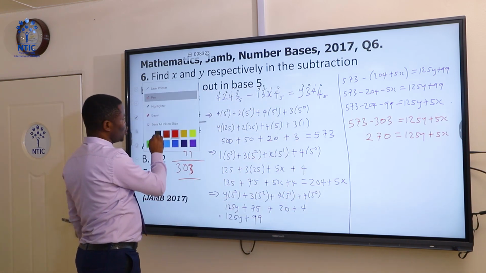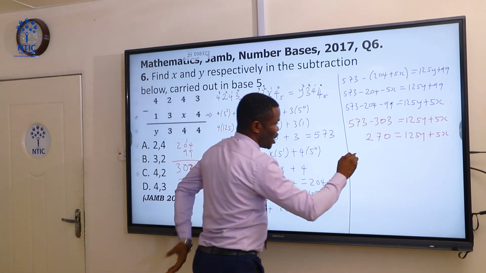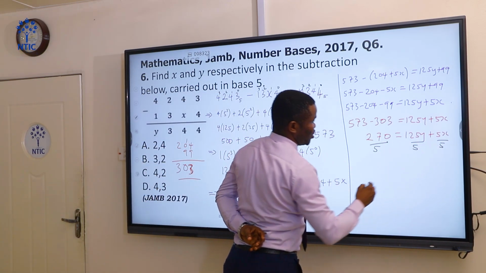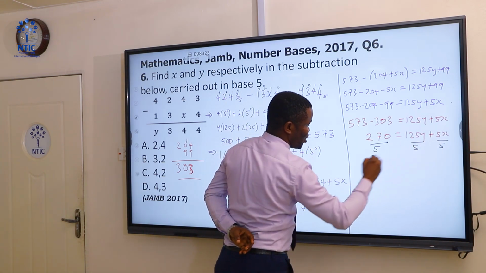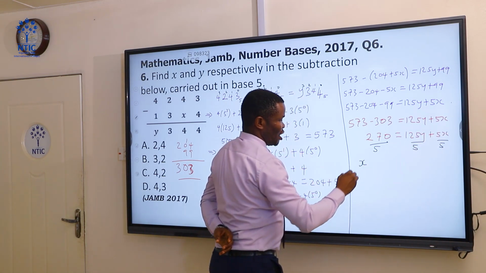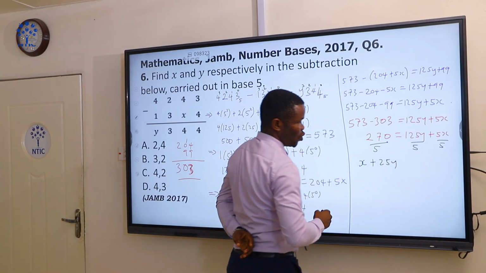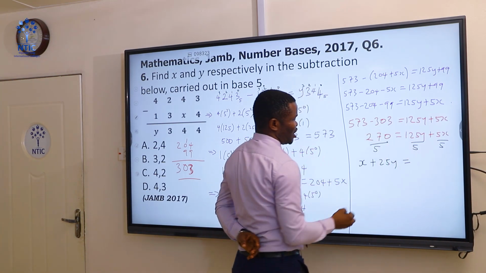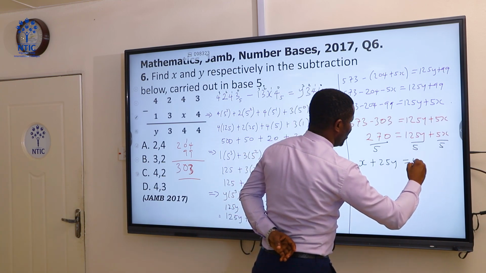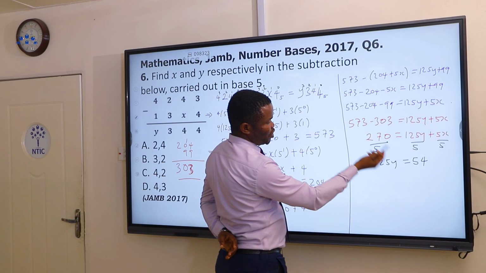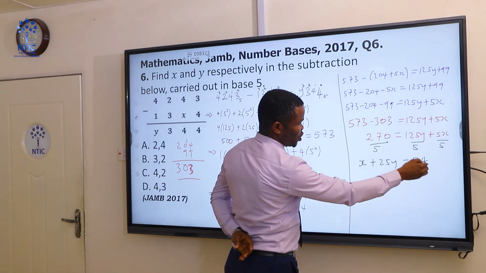So we can divide through by 5. So 5x divided by 5 gives you x, plus 125y divided by 5 is 25y, and 270 divided by 5 is going to give you 54. 5 into 27 is 5 remainder 2, 5 into 20 is 4.